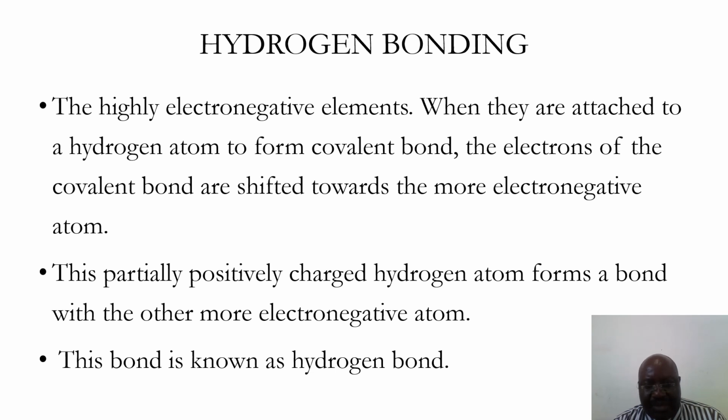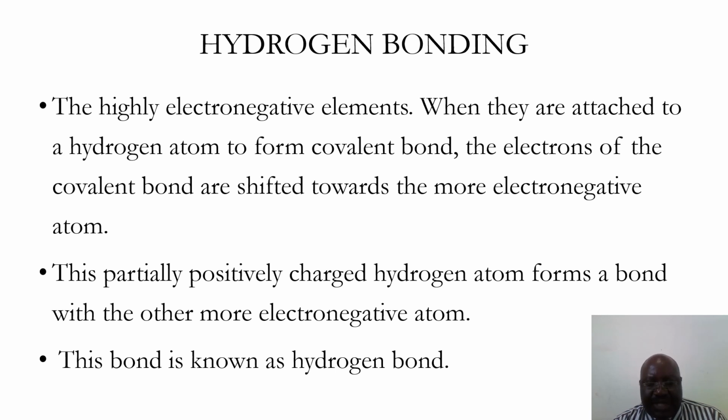We gave an example of oxygen and hydrogen, where we said oxygen has a very high electronegativity value compared to hydrogen. Because of that, the bond formed between oxygen and hydrogen suffers unequal sharing of the bond electrons. They tend to reside closer to oxygen than hydrogen.